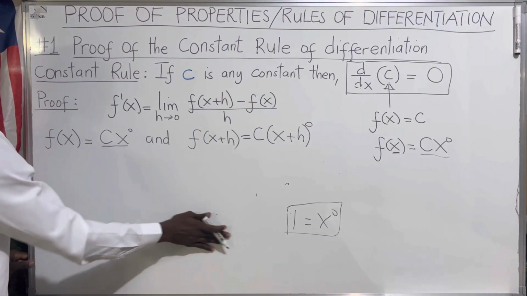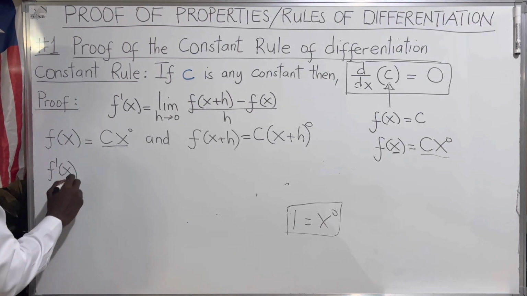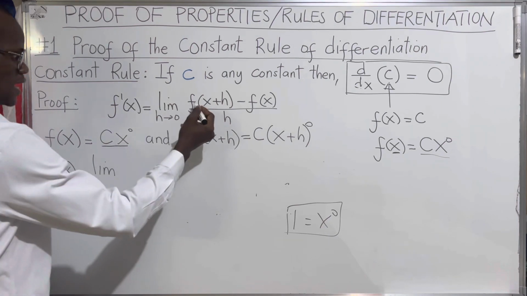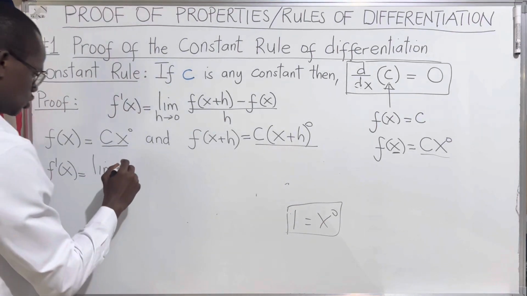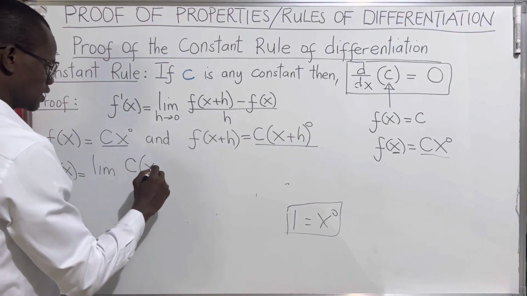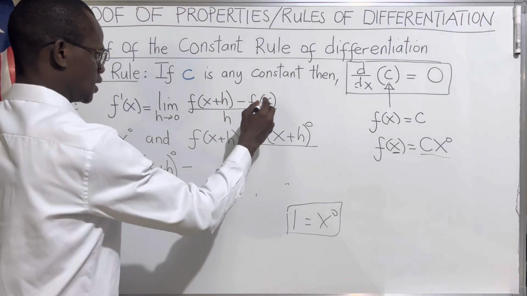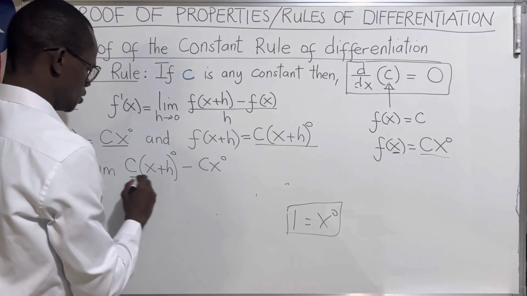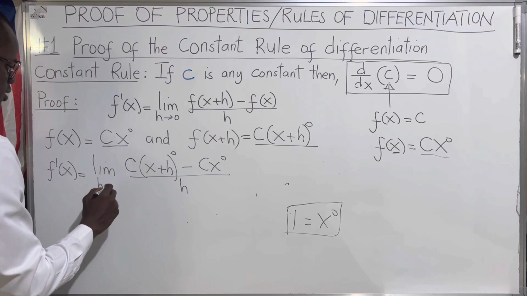So we now have f prime of x, the definition of the limit. The limit of f of x plus h minus f of x, we know that this whole thing is just equal to this. So we replace it: c times (x plus h) raised to the power 0 minus c x raised to the power 0, all divided by h, as h is approaching 0.